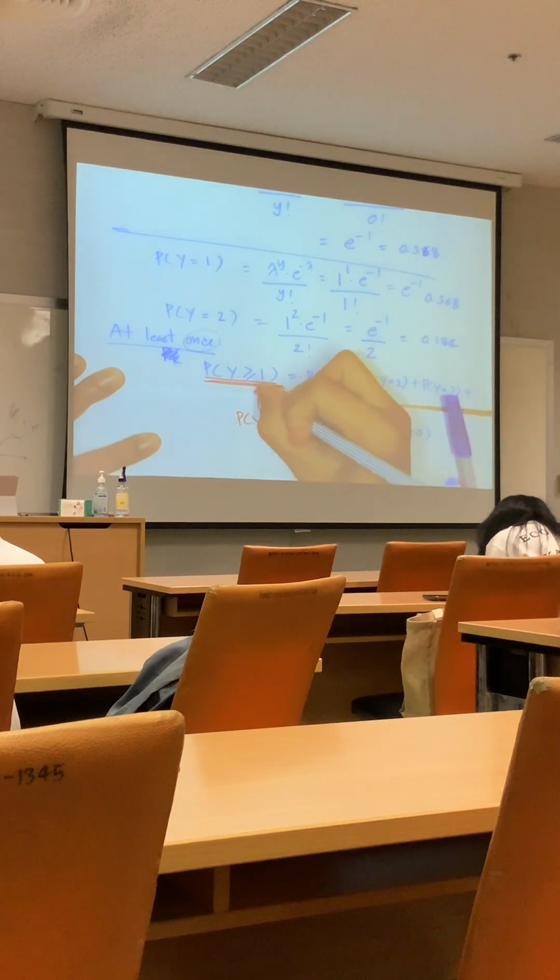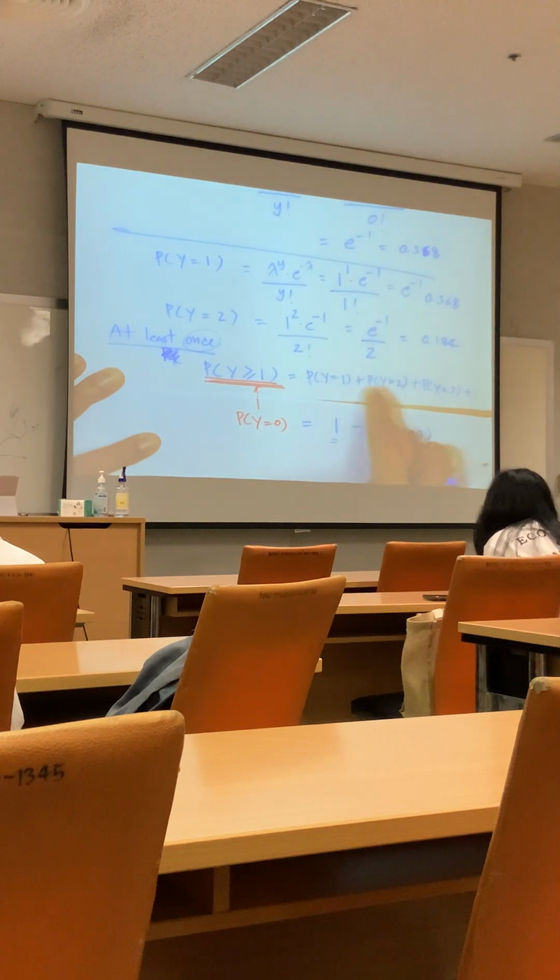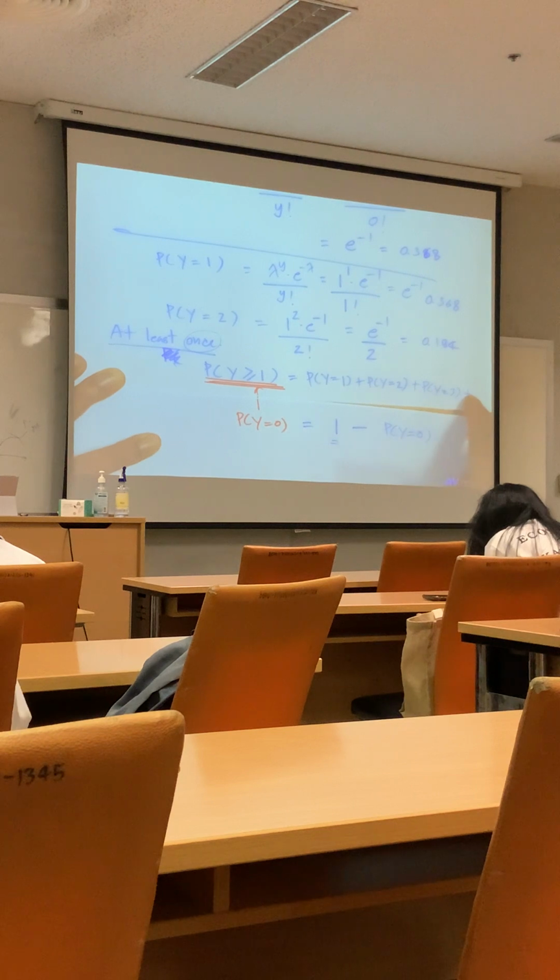Why? Because whatever the summation of these is, if we sum it with p of y equal to 0, it has to be 1. But we know that this does not include p of y equal to 0. So it's easier to subtract p of y equal to 0 from 1.